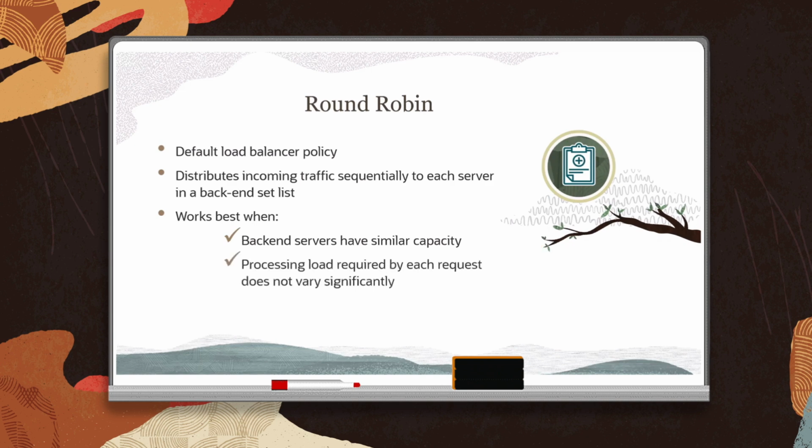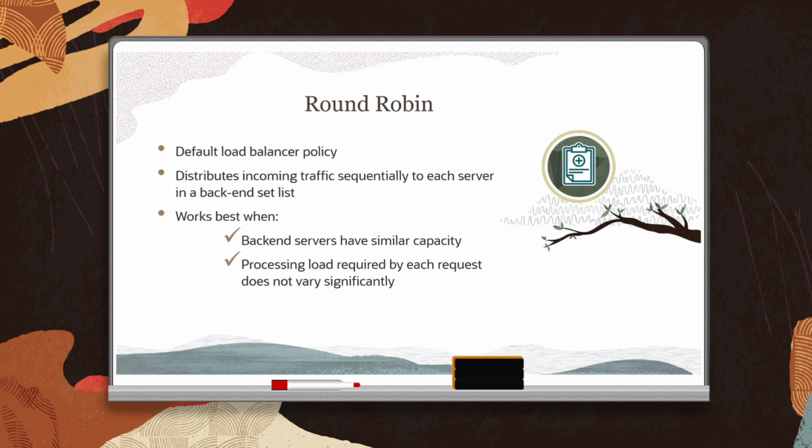And then the second use case is when the load that is required by each request, because ultimately, the request has to be processed by the backend servers, does not vary significantly. For example, let's say there is a processing task. Let's say one of the servers is taking 50 seconds to get it completed.